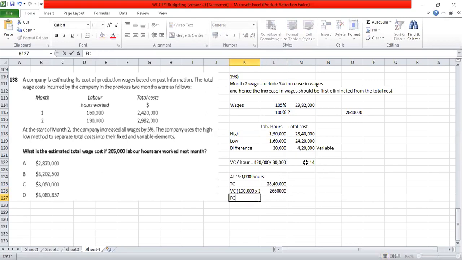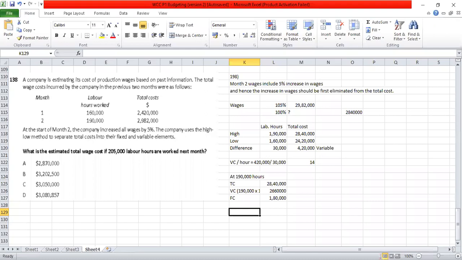The resultant figure is the fixed cost. This would be the fixed cost for the first month, but not for the second month, because in the second month a 5% increase has to be included. 180,000 is the fixed cost.